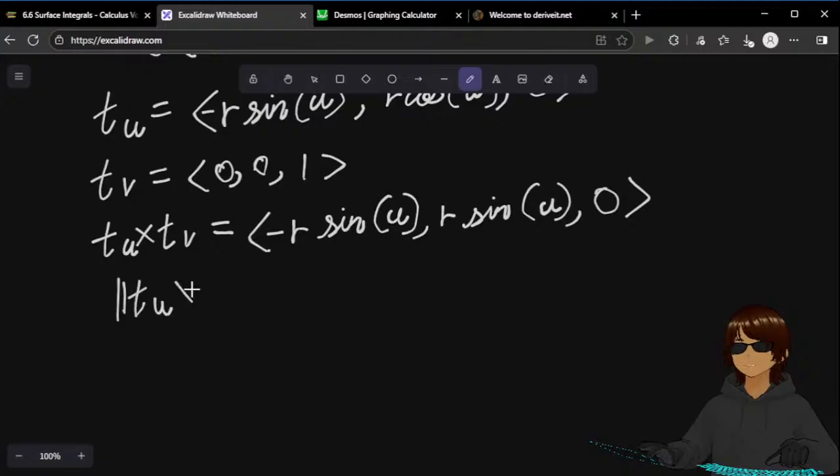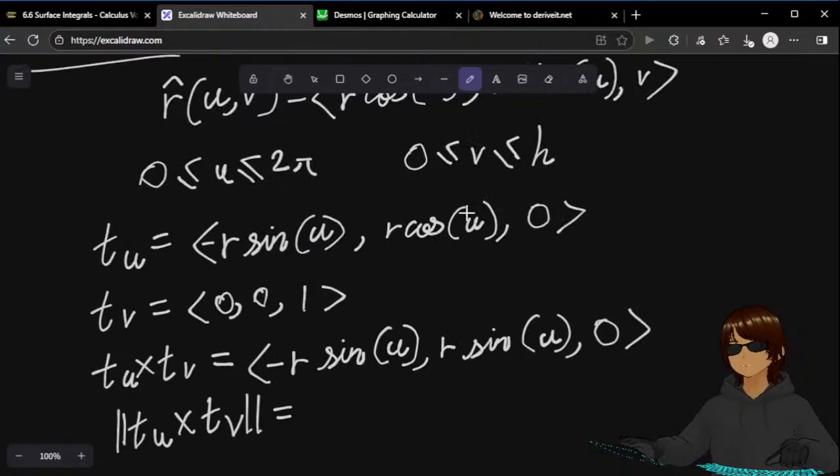I need to find the normal. Should one of them be cos? This times this minus this times this, so this is supposed to be cos.